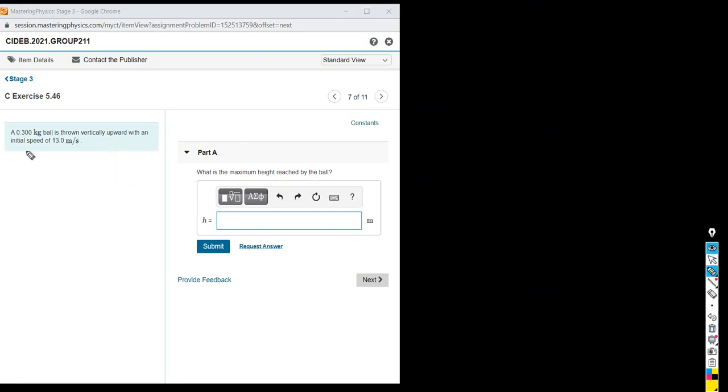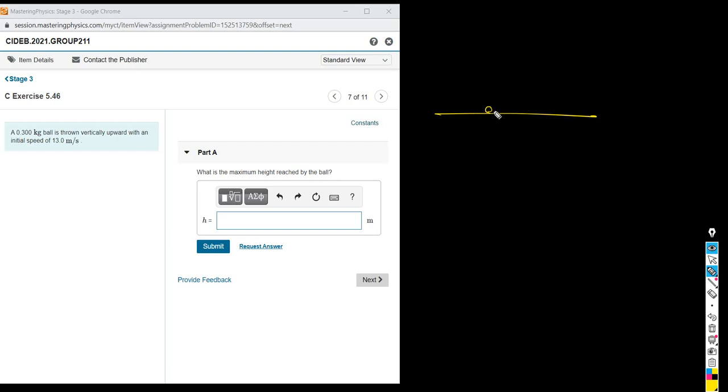So we have a 0.3 kilogram ball that is thrown vertically upward with an initial speed of 13 meters per second. That is the whole context. And then the question is this: what is the maximum height reached by the ball? So let's see. We have the ground, okay, and let's suppose that this ball is being thrown upwards from ground level.